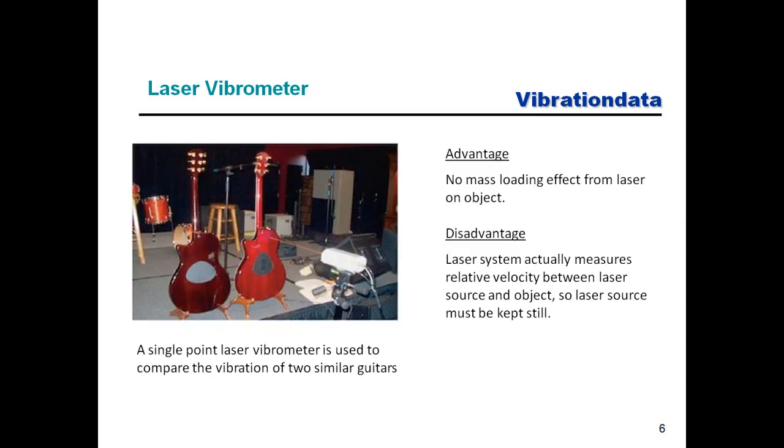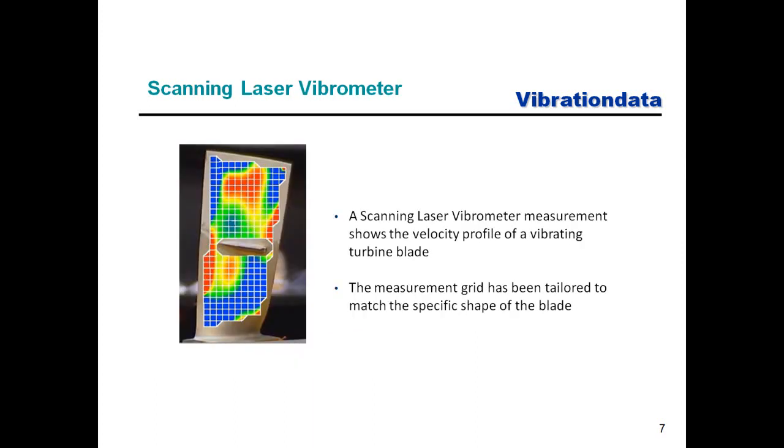And there are different types of laser vibrometers. For this guitar image here, it's just a single point laser vibrometer. But there are other types as well. There can be a scanning laser vibrometer. In this case, we have a turbine blade, and using the resulting velocity signals over a 2D space and passing that data through some software, this really neat grid display with different colors is produced.